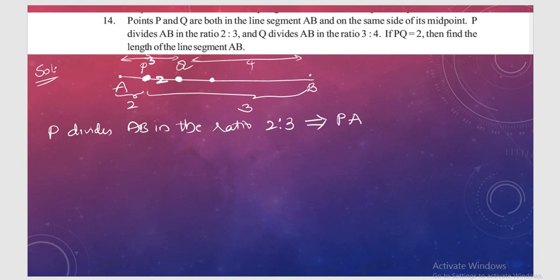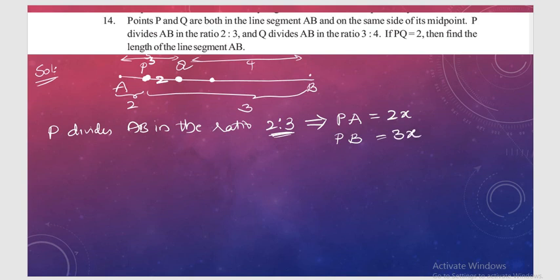So I can take PA and PB values. So PA is to PB is equal to 2:3.